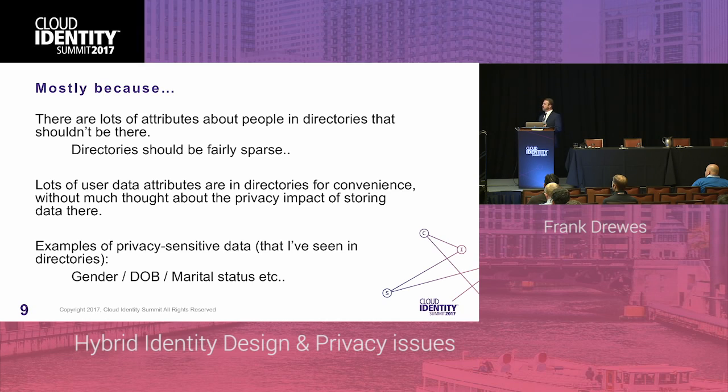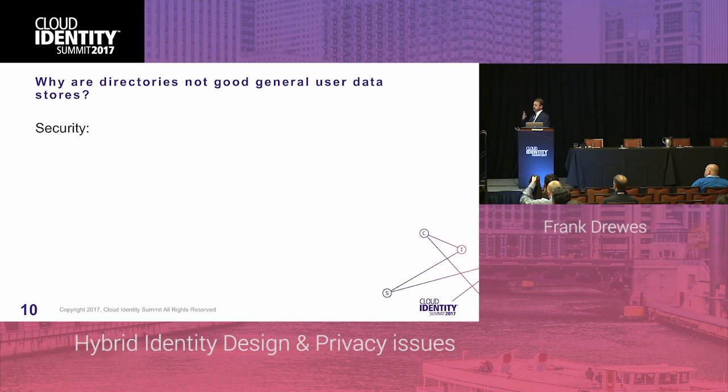You can only imagine if that led to some harassment, and then they asked, how did you find this information? Oh, it's in our directory. Somehow that fortunately never came to that, but you can imagine answering the questions about it.